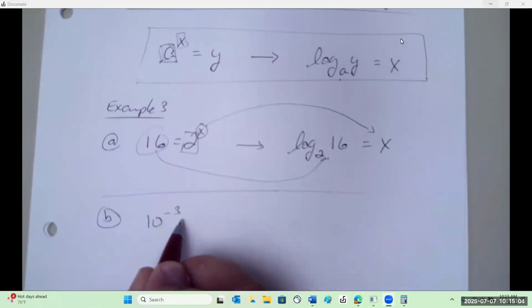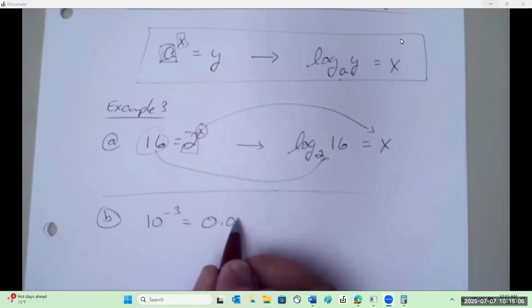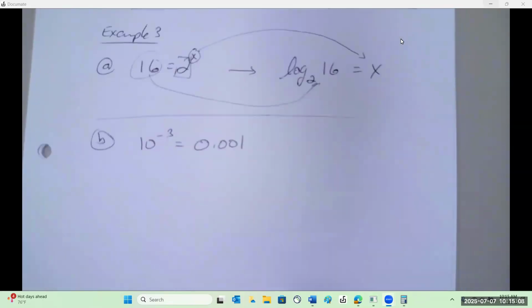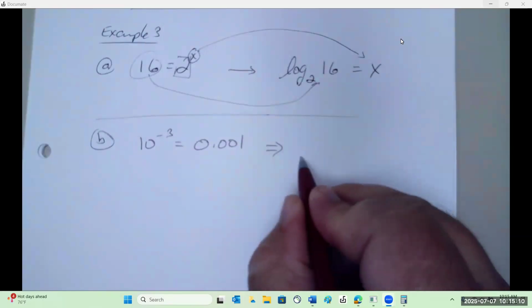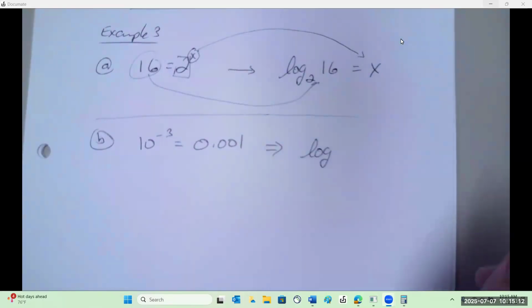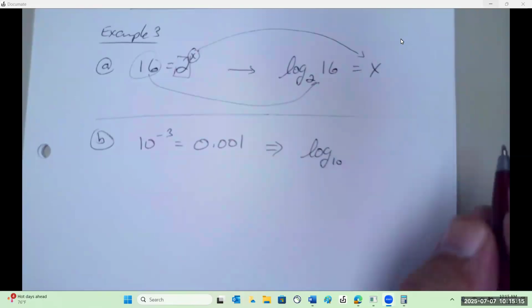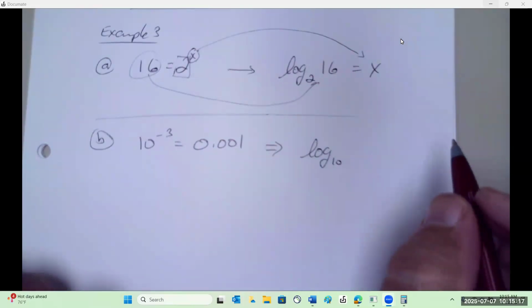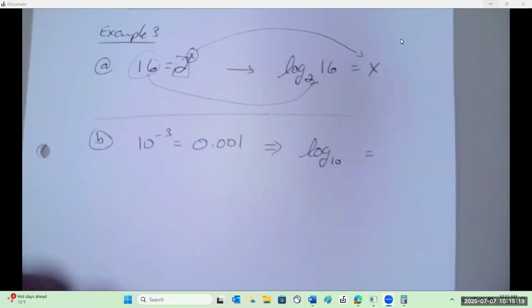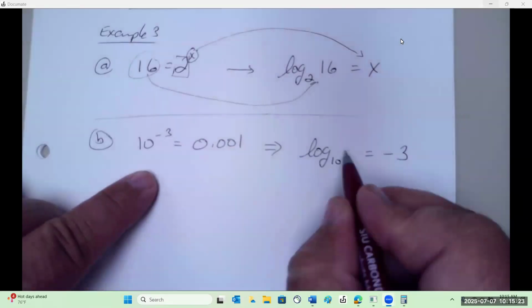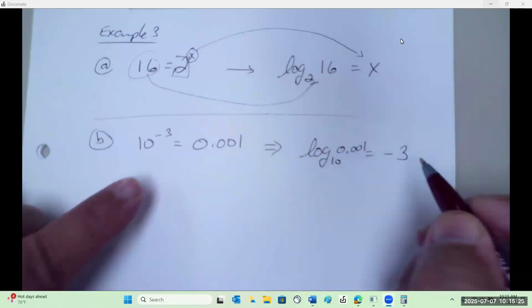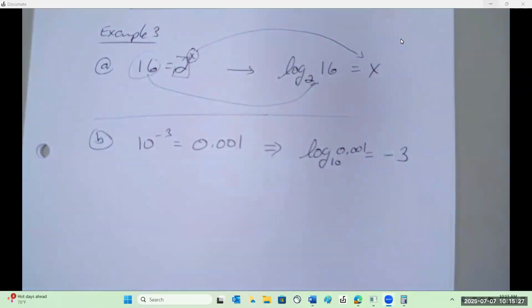Ten to the power negative 3 equals 0.001. What's my base? 10. What's my answer? And this one is 0.001. Again, it's the inverse.